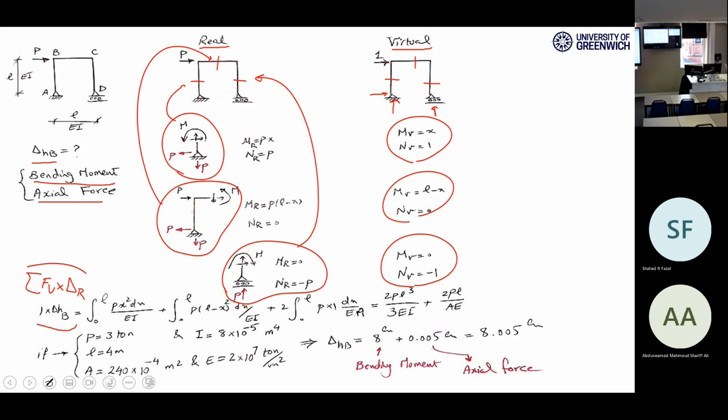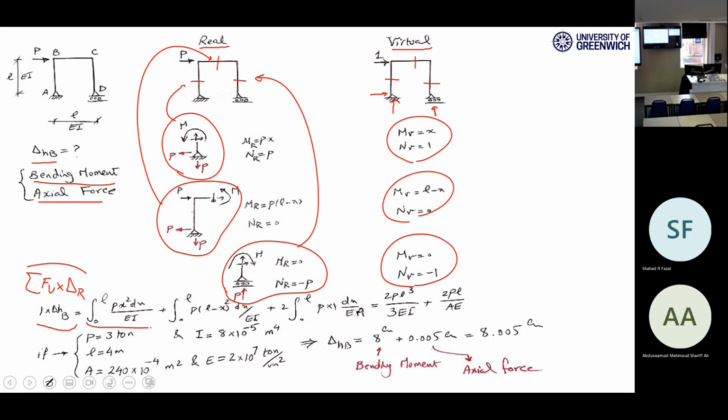One of the integrations is 0 because m is 0. The third one is 0, so I really don't have anything for the third one. The first one and the second one are these.